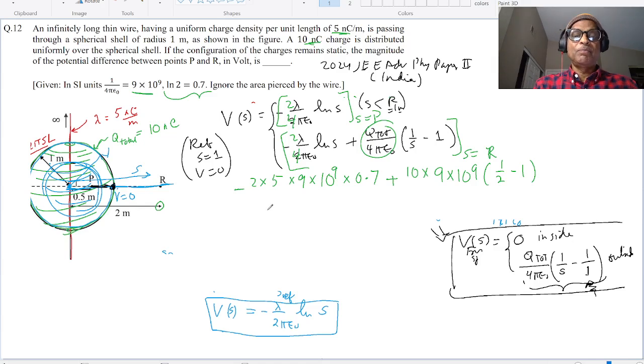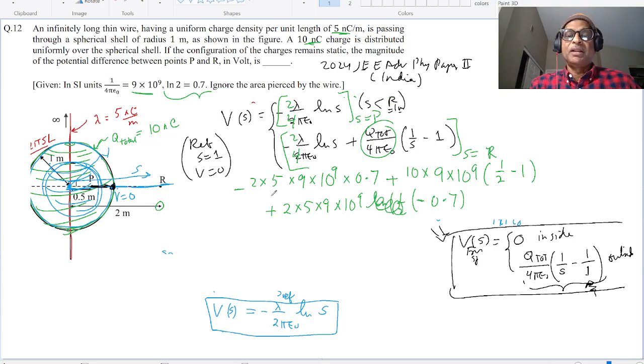and then it's going to be minus, and minus becomes a plus. The same stuff, 2 times 5 times 9 times 10 to the power 9, and this is log of a half, which is minus log 2. Minus log 2 is minus 0.7. So this is the same as that with the same sign, so it's going to add, and we have a whole bunch of common factors.